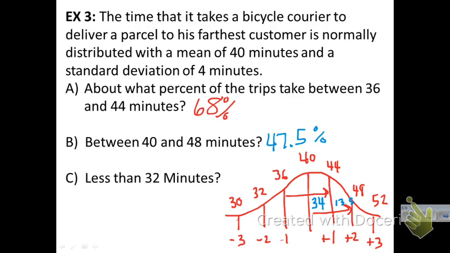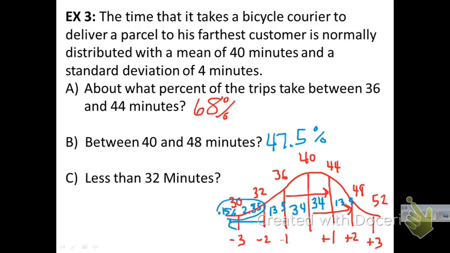So less than 32, this was 34%, 13.5, and that would be this right here. So this distance here was 0.15% after the 3 standard deviations, and then after 2 it was 2.35.